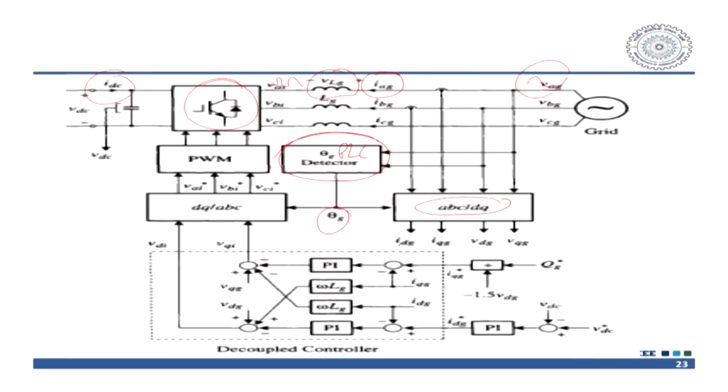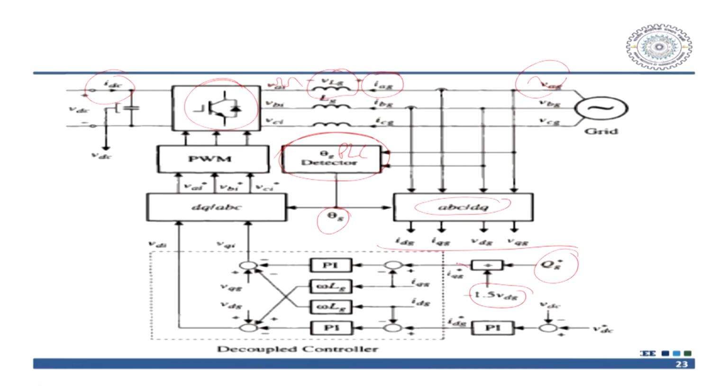Similarly, IA plus IB plus IC equals 0. So, you get IDG, IQG, VDG and VQG. These are the 4 signals, and ultimately you have a reference Q and a reference VDC.